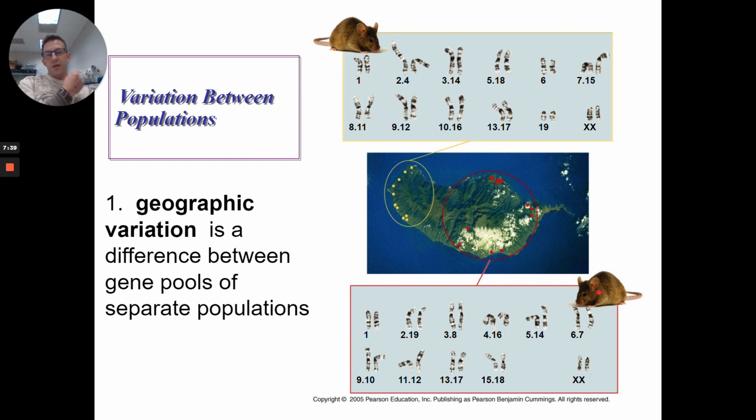But they do share distinct variations, and those variations are due to where they find themselves geographically on this island. You notice the ones at the top are located on the west side of the mountain along the coastline, and the red population is located more centrally in the mountain, some along the coast, some on top of a mountaintop.